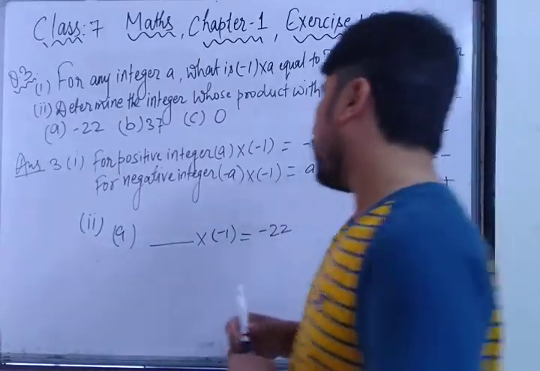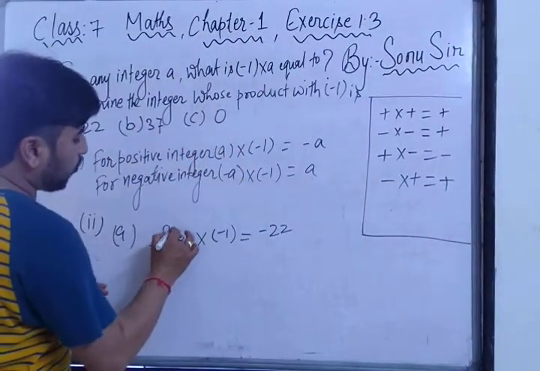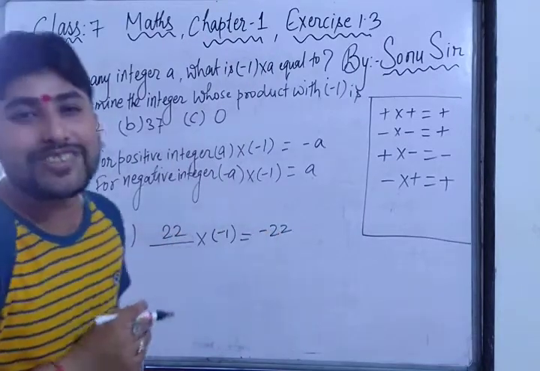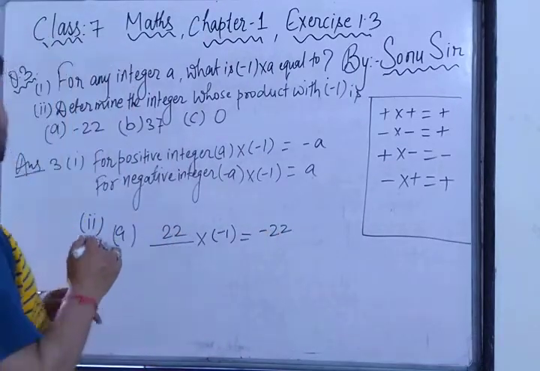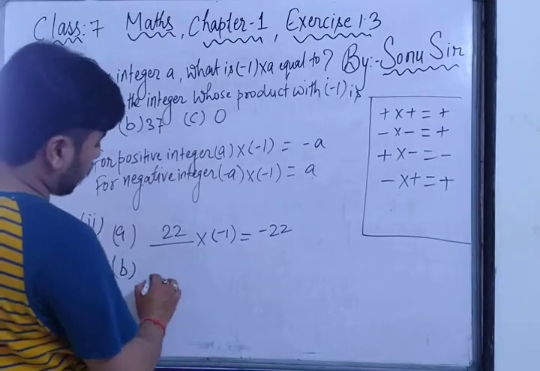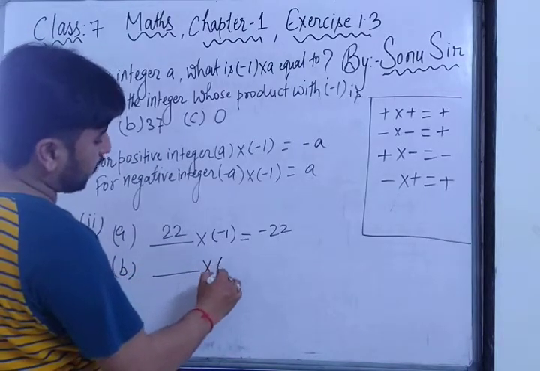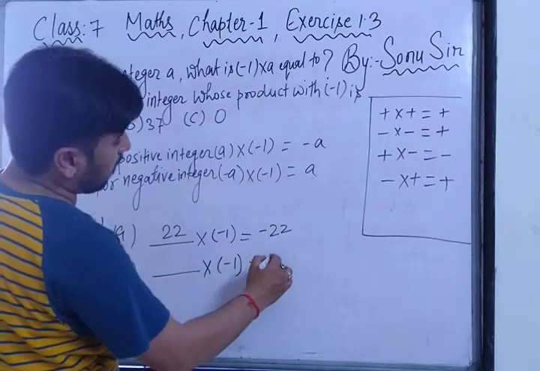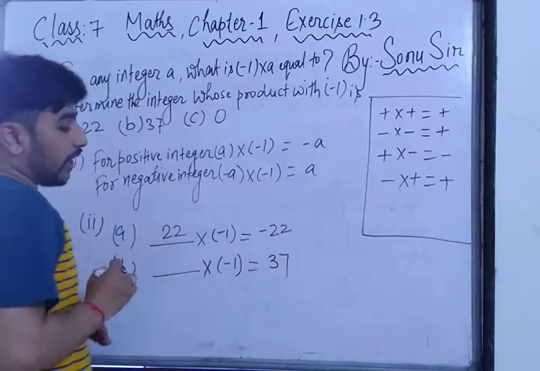Very easy. If we multiply 22 into minus 1, the result will be minus 22. The next one is 37. Which integer multiplied by minus 1 gives 37?